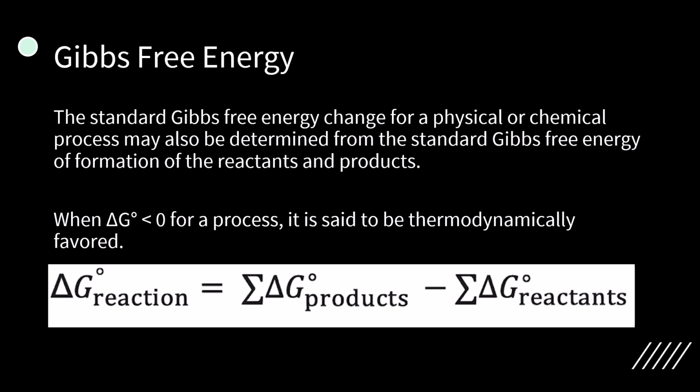Let's talk about why. The delta G of the overall reaction is the sum of the delta G of the products minus the sum of the reactants. If this value is negative, that means the products require less energy than the reactants, so it's going to be thermodynamically favorable.